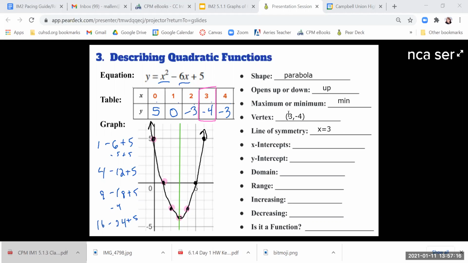That number will always match the x in the vertex. Okay. The x-intercepts here are at (1, 0) and (5, 0). The y-intercept is over here at (0, 5).